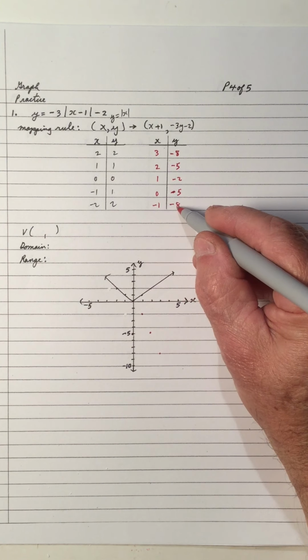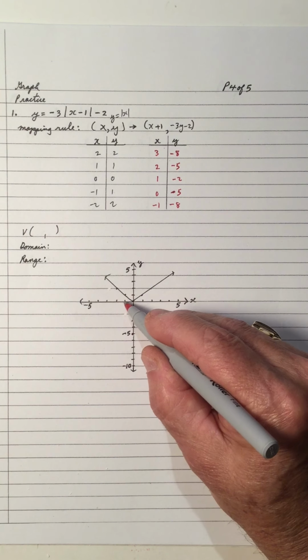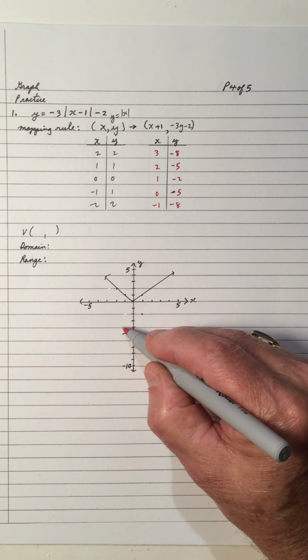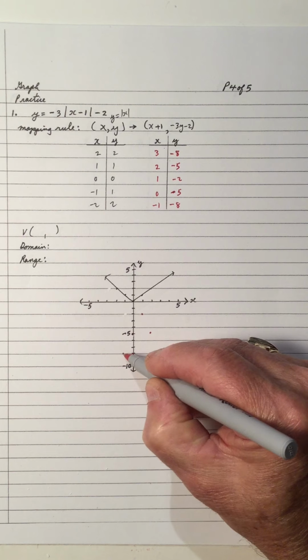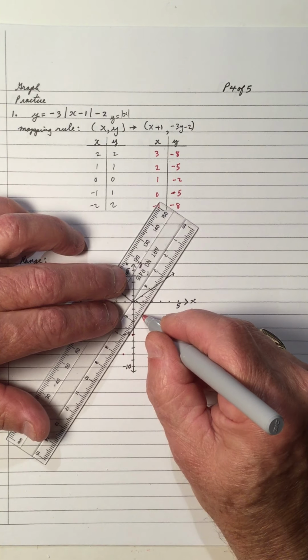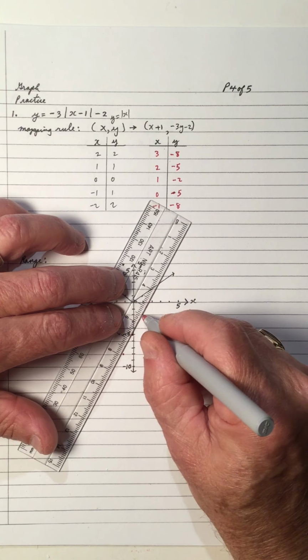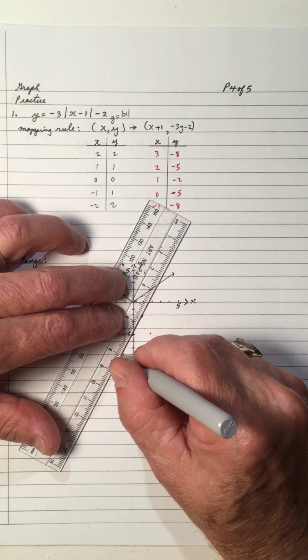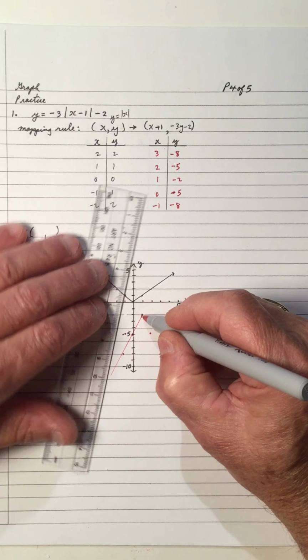And negative 1, negative 8. And this is the graph of the equation. Notice we're using the mapping rule.